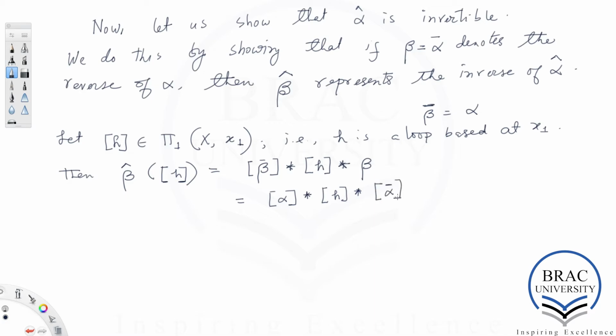Okay, it is immediate that this thing is a loop based at x0, right? Because alpha is a path from x0 to x1, and then H is a loop based at x1, and then alpha bar is a path from x1 to x0. So the whole thing is a loop based at x0.